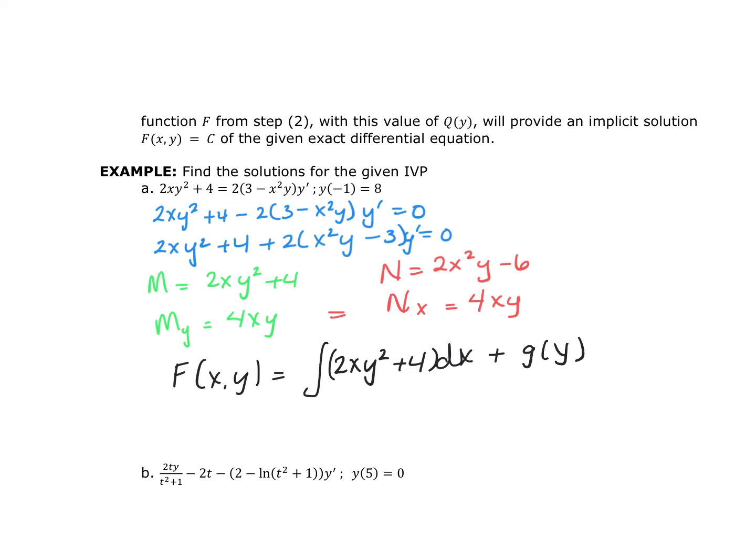So I'm going to integrate this with respect to x, and I'm going to have x squared y squared plus 4x plus g of y.